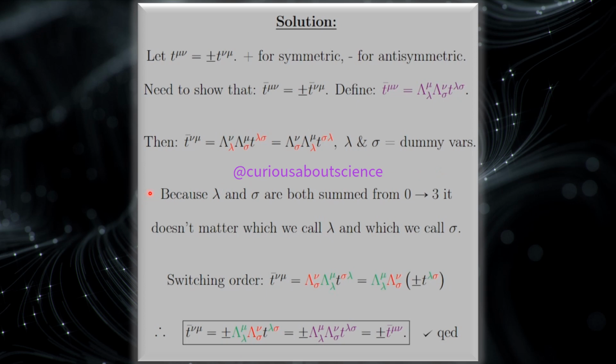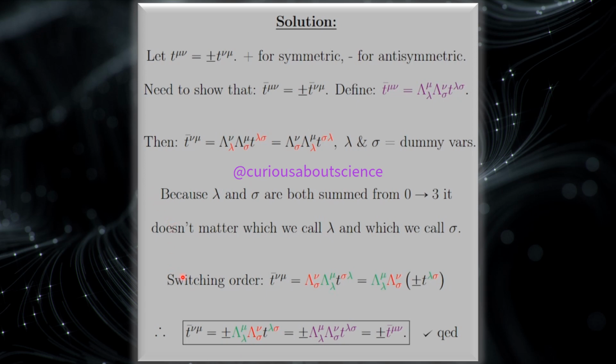The dummy variable argument is used all the time. Again, maybe not the best in terms of pure analysis work, but I've seen it a lot in a multitude of physics classes. That being said, because lambda and sigma are both summed from 0 to 3, it doesn't matter which we call lambda and which we call sigma.